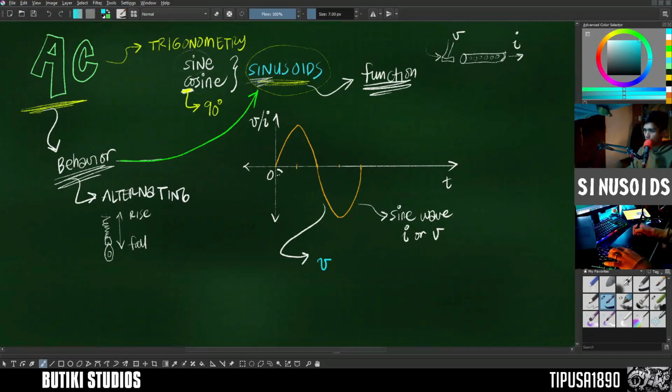As time moves along, say for example, nag-start as a 0, ang value sa imo ang voltage when time is 0 is 0. But as time moves along, ang value sa imo ang voltage is nisaka siya at that point. And then as it continues to move along, ang oras nabot siya ng kapunto, ang imo ana po nga voltage niabot siya aning ang pinaka tuktok, di ba, or peak. May gitawag na siya peak value.